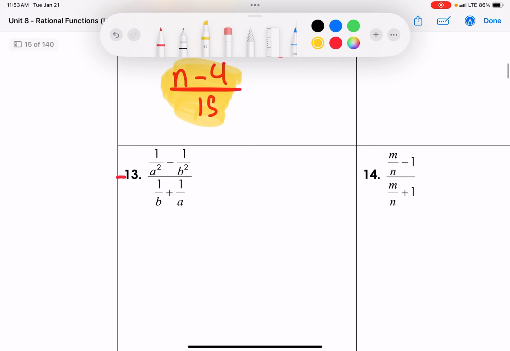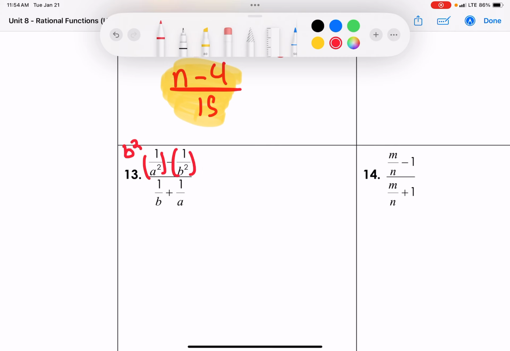All right, let's do 13. Same idea, right? So look, both the numerator and the denominator have different denominators. So we're gonna have to multiply each of those so they have a common denominator, so we can combine the addition or the subtraction. So I'm gonna have to multiply this side by b squared.